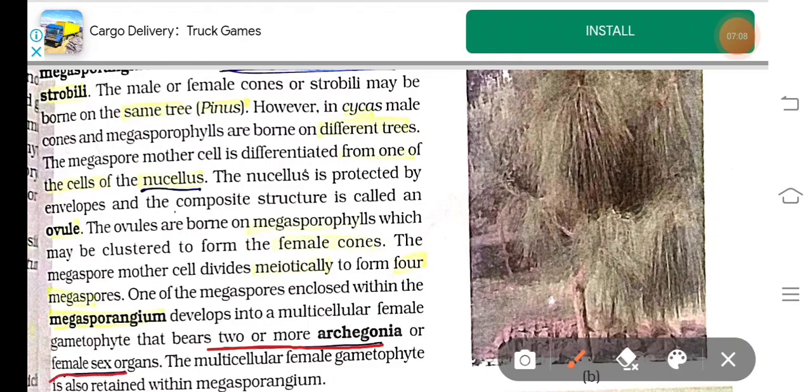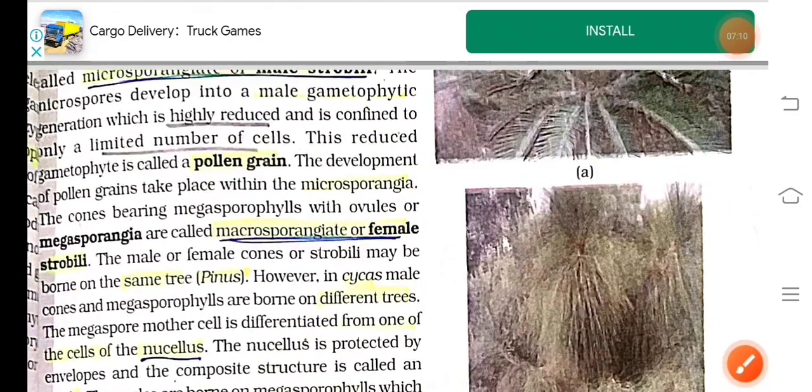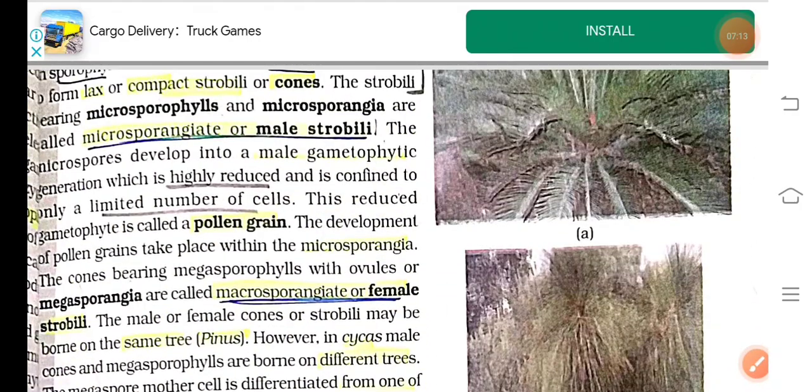So basically in this paragraph we have seen about the male and the female gametophytes. The male has the male strobili, and the female is the macrosporangiate. In male it is strobili, in female it is your cone. ठीक है, you just have to remember this.